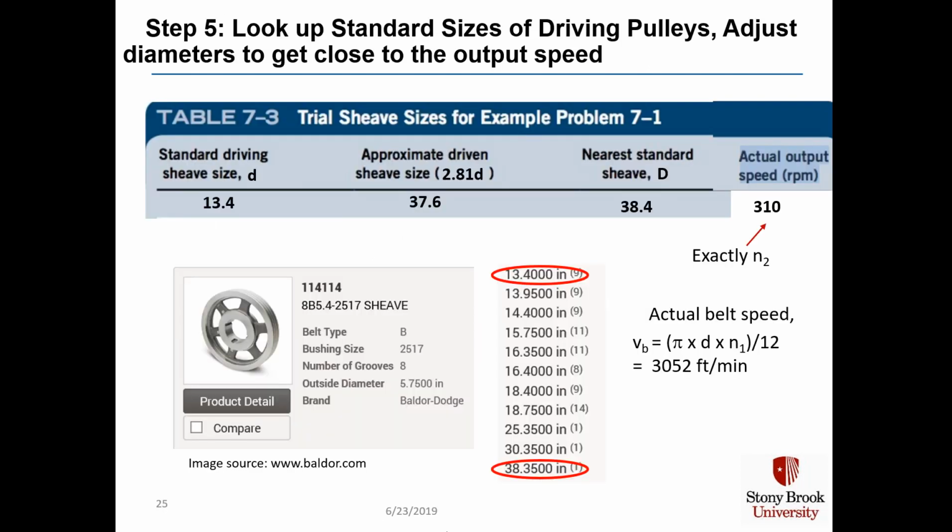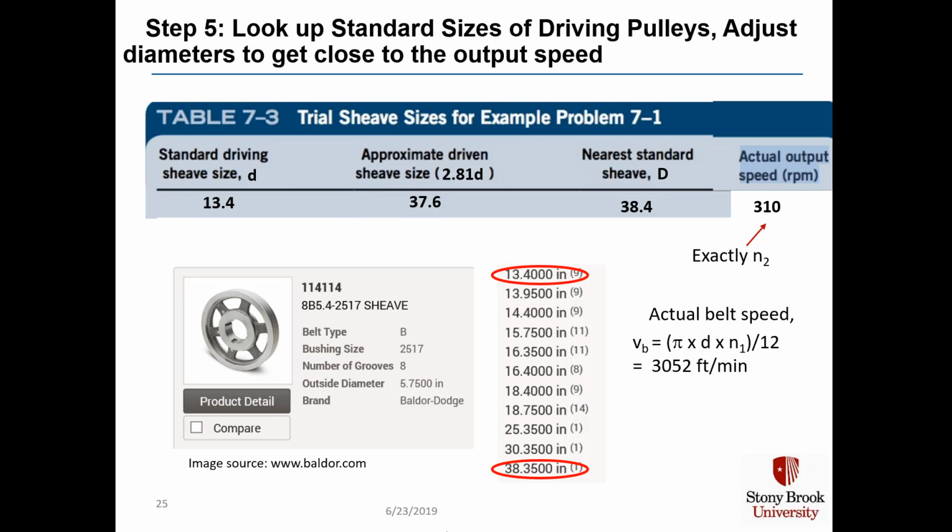When we looked up standard sizes of driving pulleys, we found one close to 17.56, but when we multiplied by the speed ratio, we were well up into the 50s in terms of finding an available large pulley. So we had to back down the small pulley size so that we could find both a small and a large pulley on one chart.